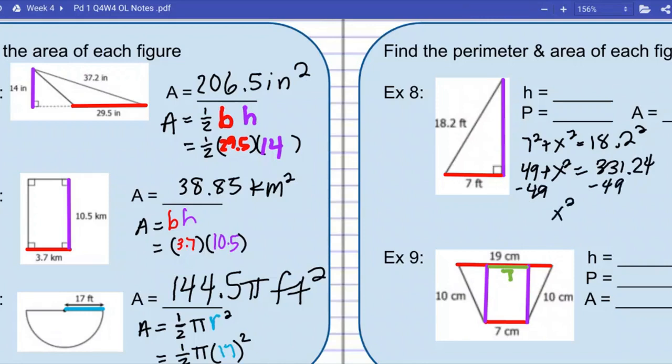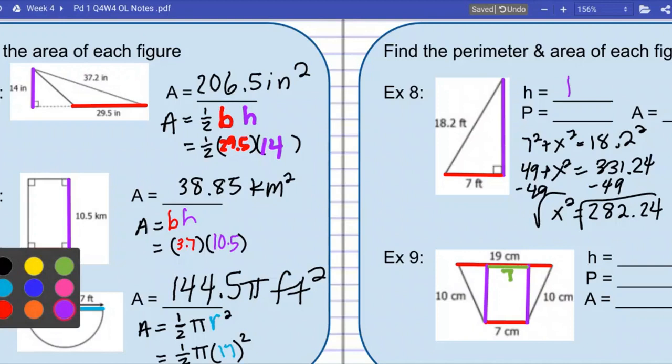Get x squared equals 282.24. Then we're going to take the square root, and we get the height is 16.8. If I want area, our area formula is just 1/2 the base times the height.